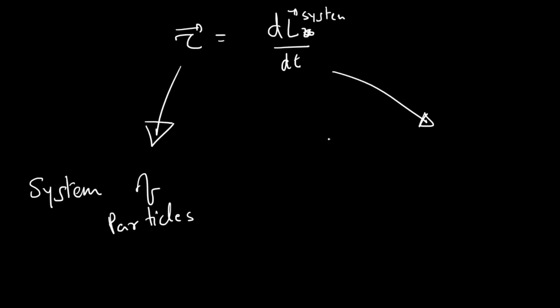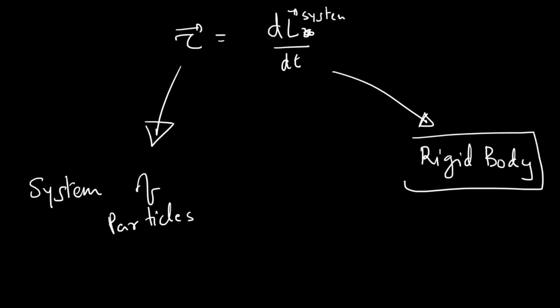You can choose any system of particles that suits you. At the same time, there is a parallel story running for a rigid body. Please be aware of this. The rigid body is a special collection of particles, like a scale and other things. But please note that in trying to understand this equation, we are going to follow both the ideas.